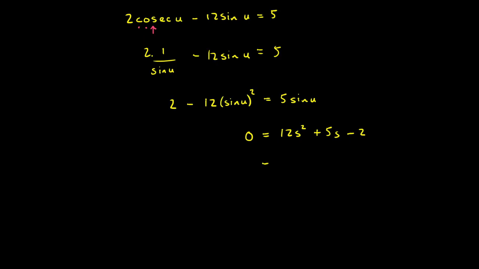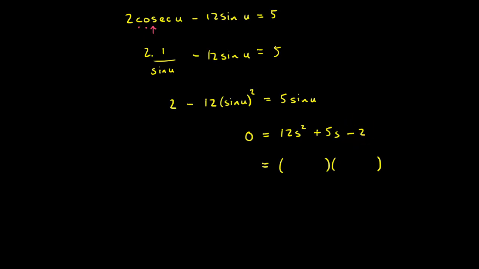We can attempt to factorize it, and if we can't factorize it, then of course we can use the quadratic formula. Now I'm going to try to do it anyway. I've got 12 sine squared here, so that's a little bit tricky because it could be 12 sine times 1 sine, or 6 sine times 2 sine, or 3 sine times 4 sine, or whatever. But this one here is fairly straightforward.